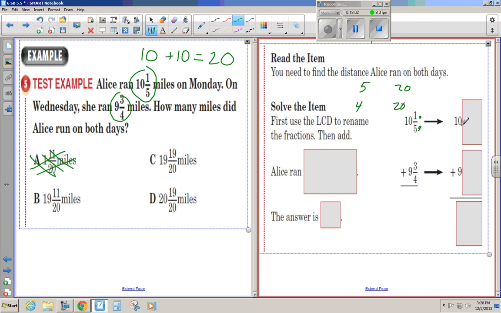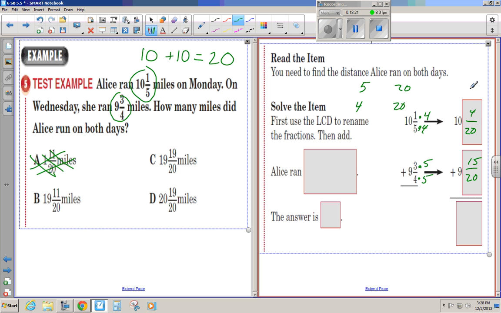We multiply by 4, that becomes 4/20. Multiply this by 5, and you get 15/20.